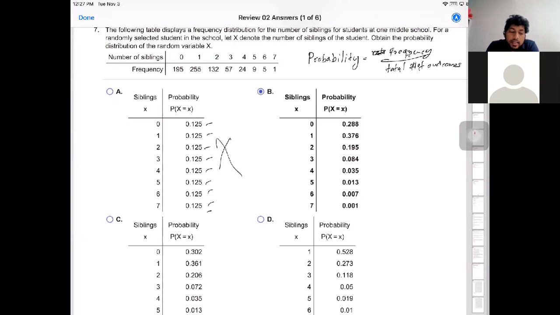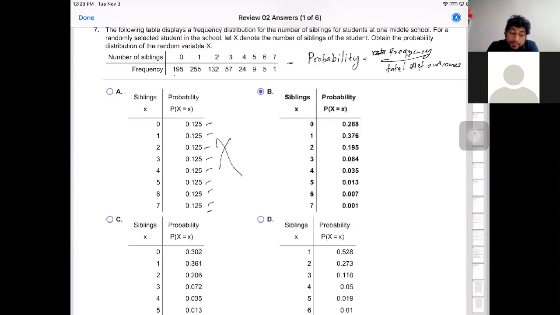I don't know what the total outcome is here; you have to add these 195, 255, 132 values and get the total number of outcomes.